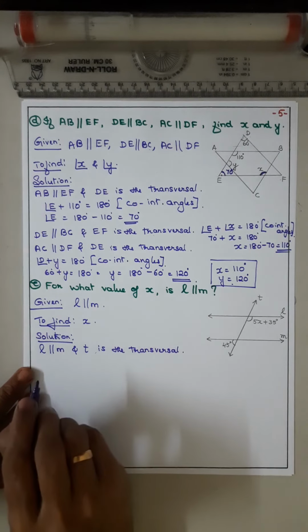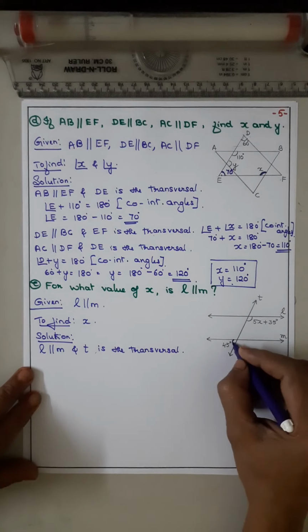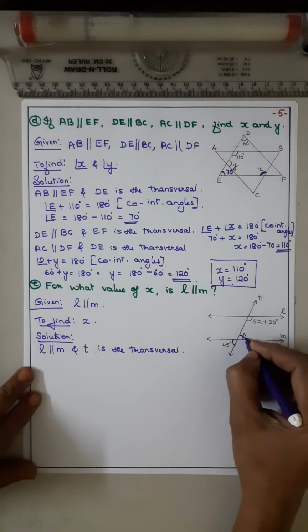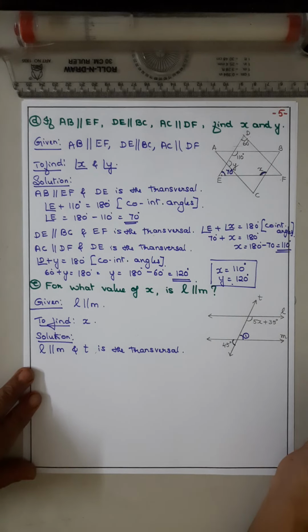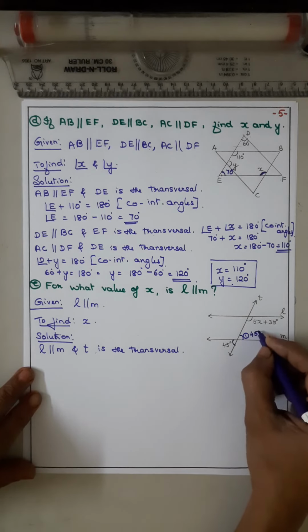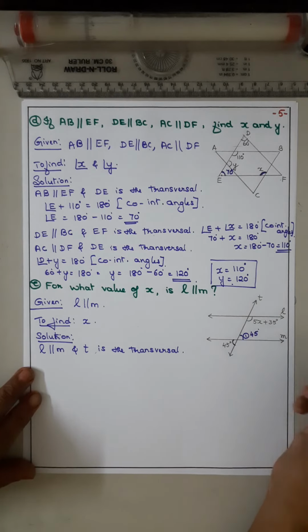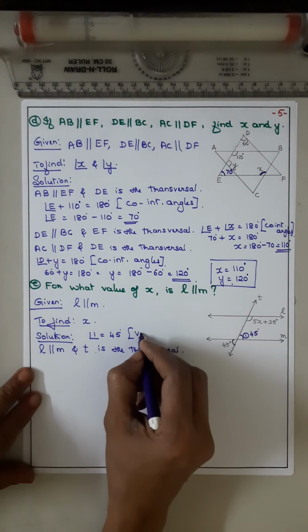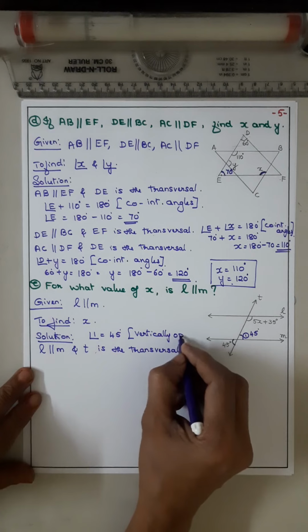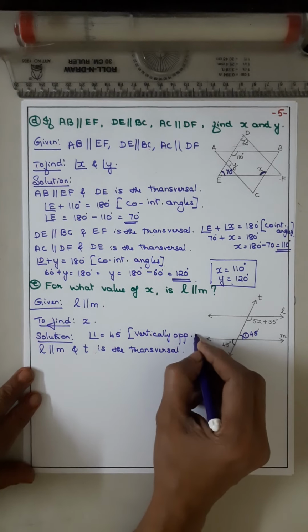Here this angle is given as 45. Let it be angle 1. How much will it be? 45. Why? Angle 1 is equal to 45 degrees, vertically opposite angles.